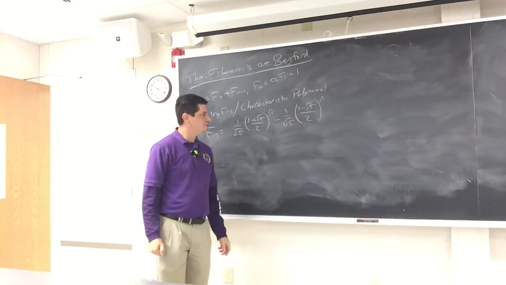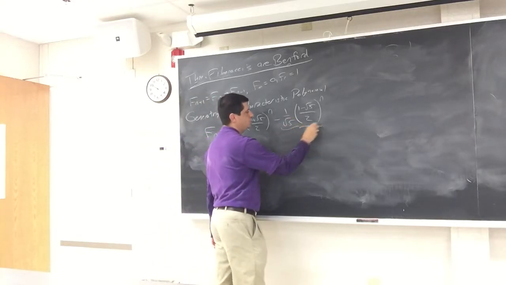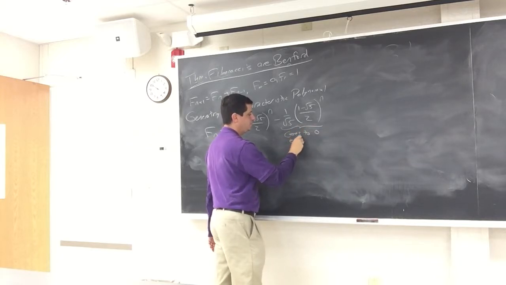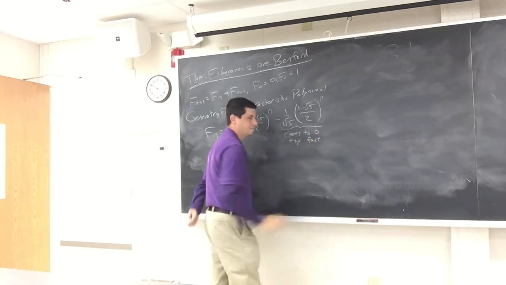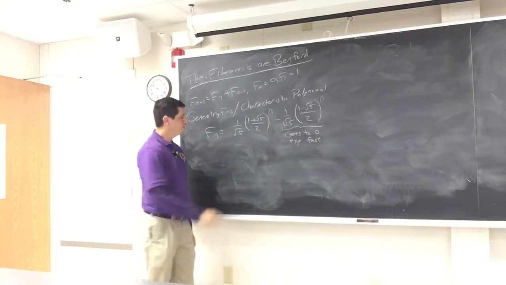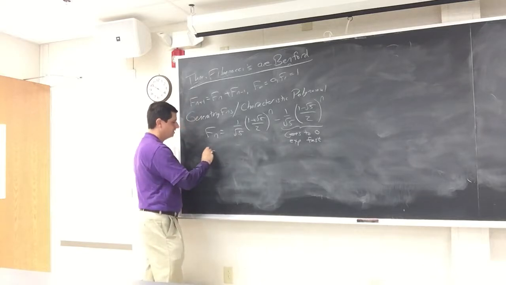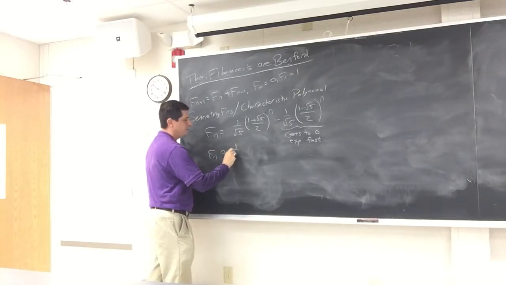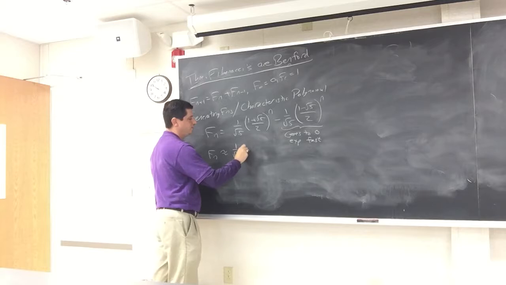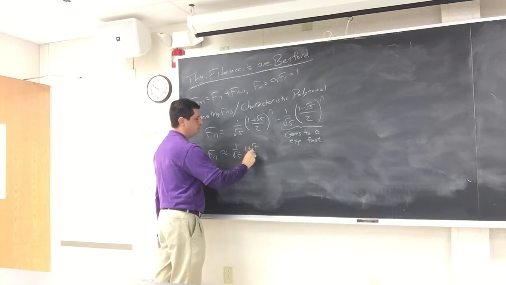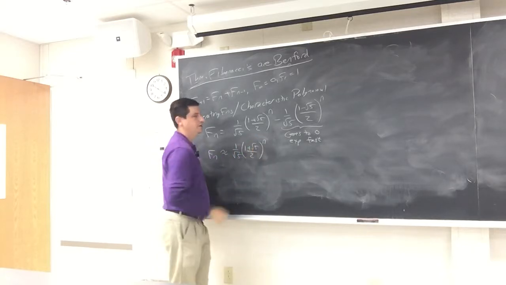This number is less than 1 in absolute value, so this goes to 0 exponentially fast. This blows up. So really, the nth Fibonacci number is approximately 1 over root 5 times ((1 plus root 5) over 2) to the n.